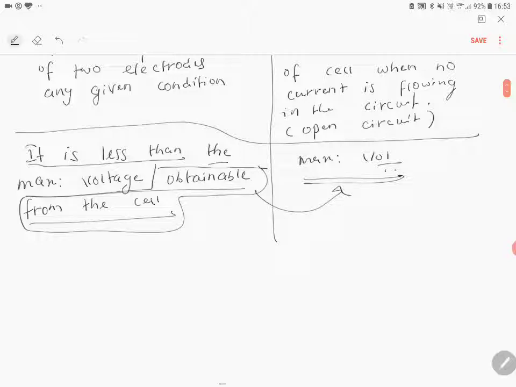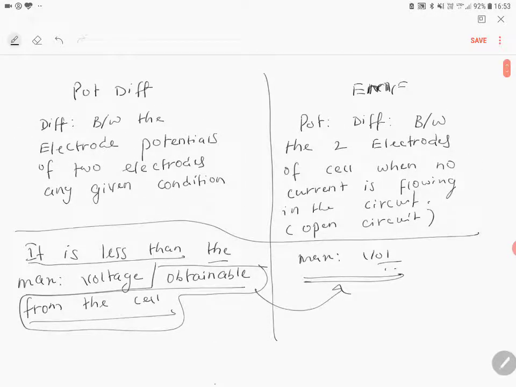Next, the measurement of potential difference is very important.